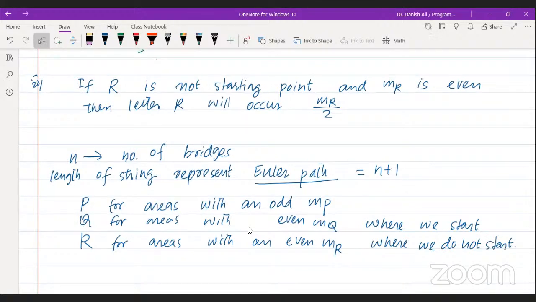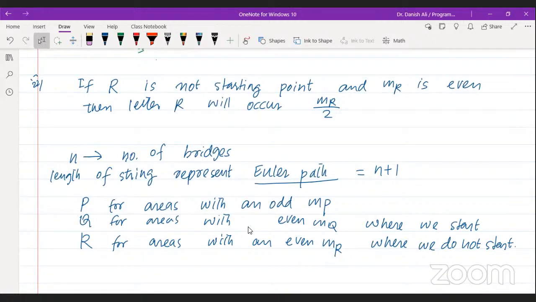So we denote all the areas with odd MP by P, all the areas with even MQ where we start by Q, and all the areas by R which have even MR, but we do not start from there.